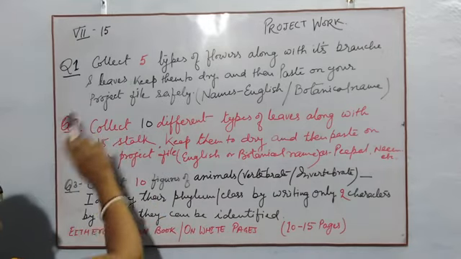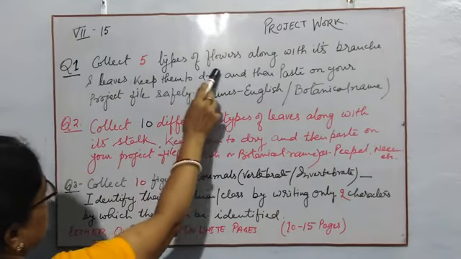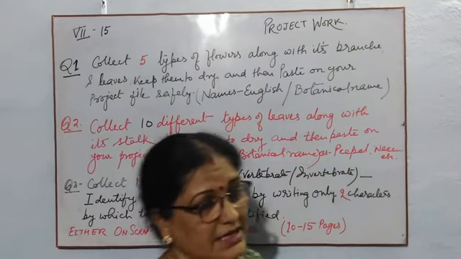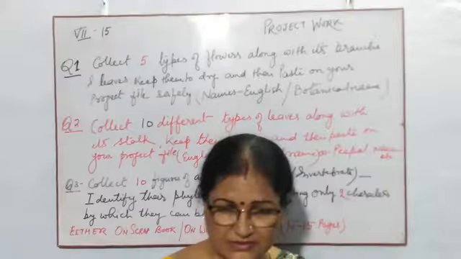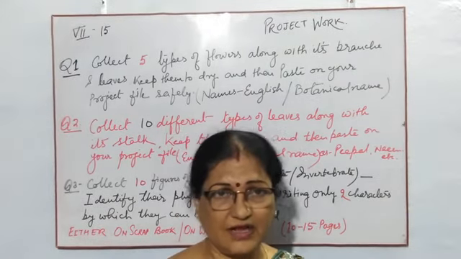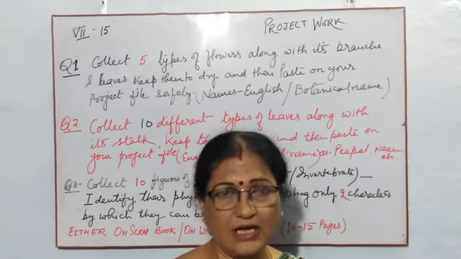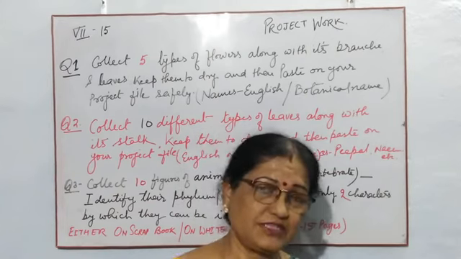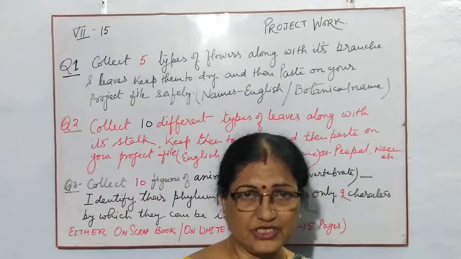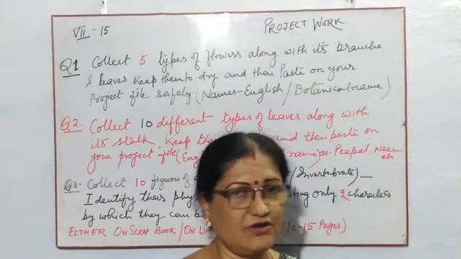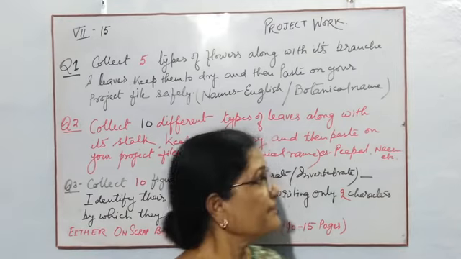Question number 1. Collect 5 types of flowers along with its branches. That means if you pluck some hibiscus flower, you have to cut some branch along with the petiole and the leaves. If you take the branch, then you will get small leaves which can be pasted on your scrapbook or your file page.